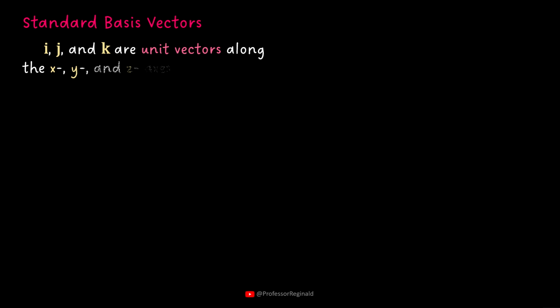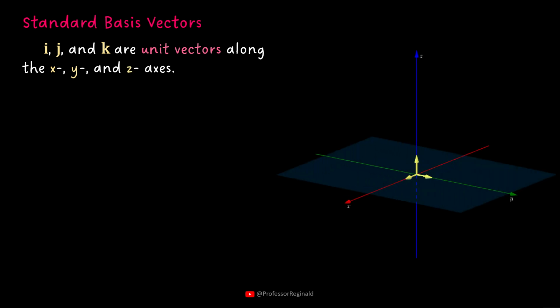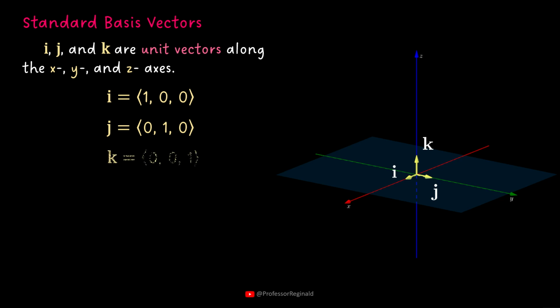Standard basis vectors. These are reference vectors used to write a vector in a linear combination form. i, j, and k are unit vectors along the x, y, and z axes, respectively. i has a component of 1 along the positive x-axis. j has a component of 1 along the positive y-axis. k has a component of 1 along the positive z-axis.